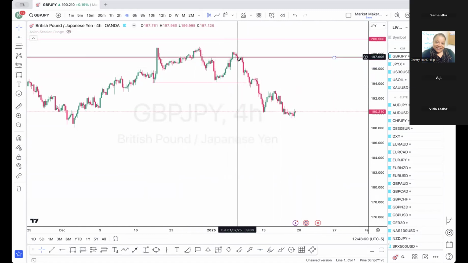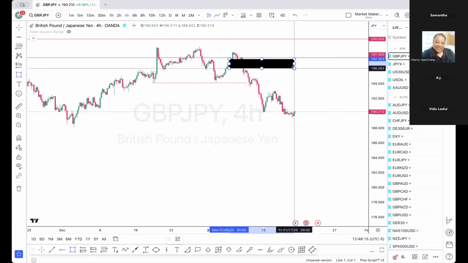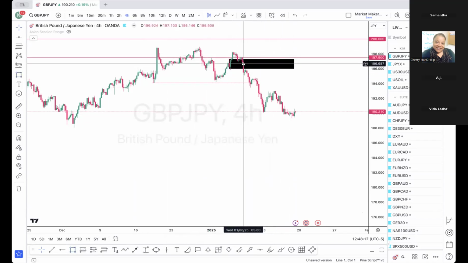It then came to 197.5 and pulled back. Now, this was the break, right? This was a break of structure. So this was your lower time frame or higher time frame institutional candle, right? But it pulled into it without taking out these highs and then broke structure again.